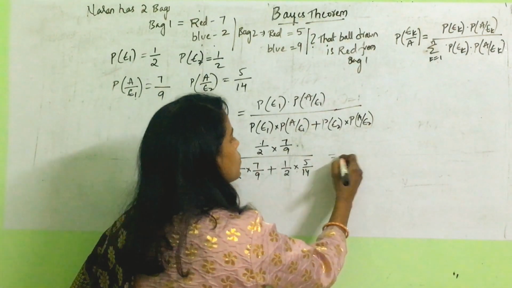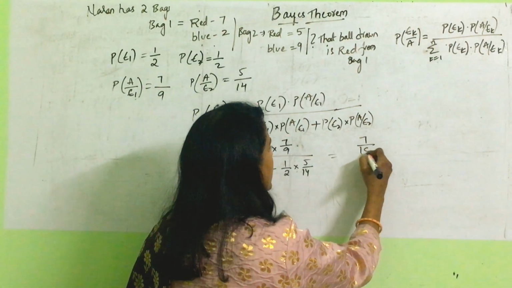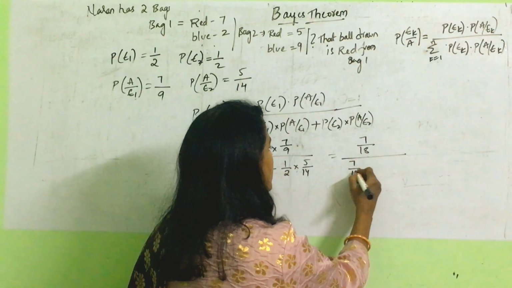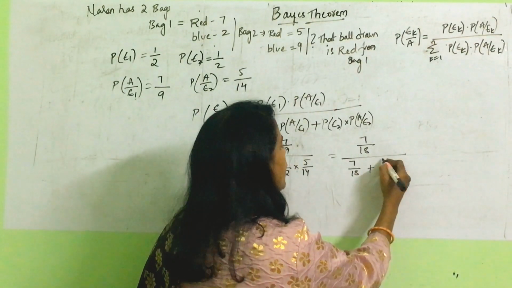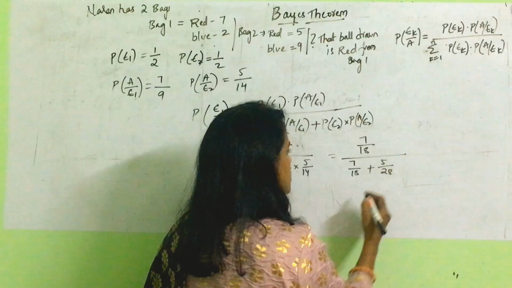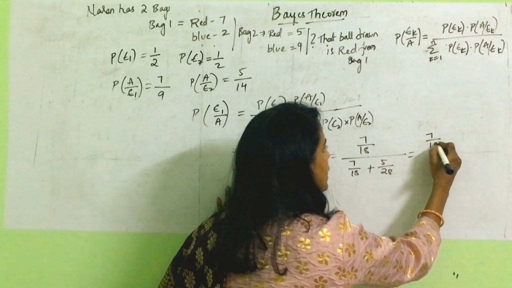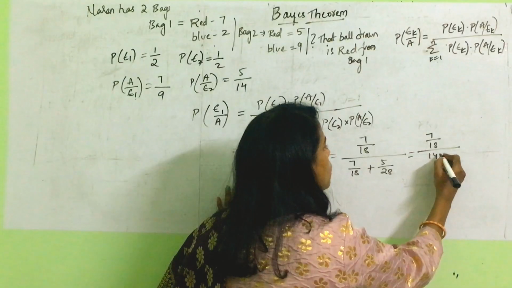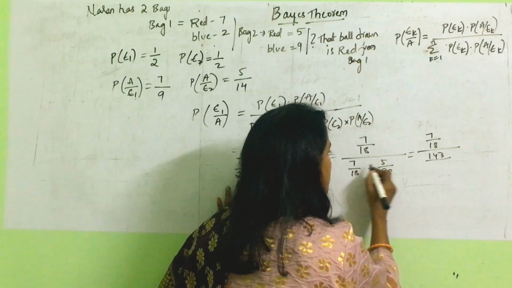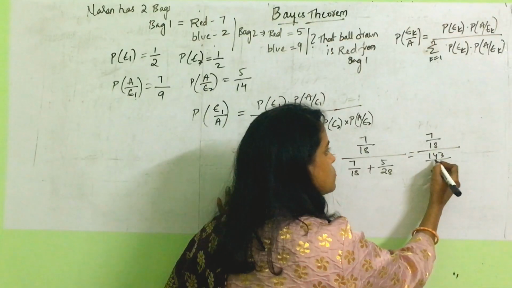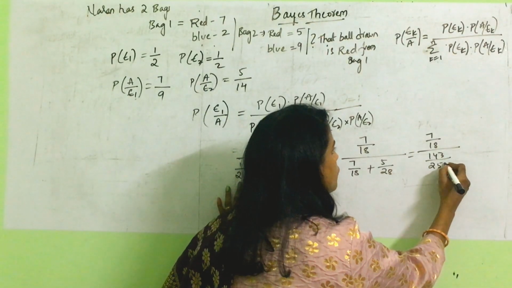So what we have to write here: 7 by 18 divided by 7 by 18 plus 5 by 28. That equals 7 by 18 divided by 143 by 252.